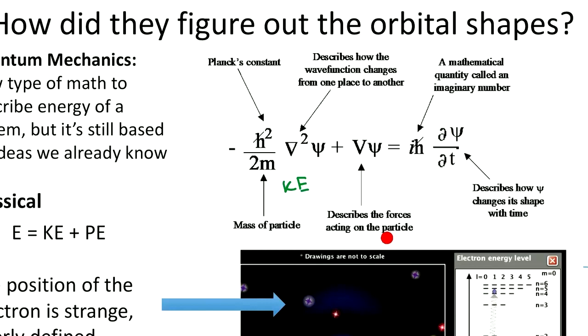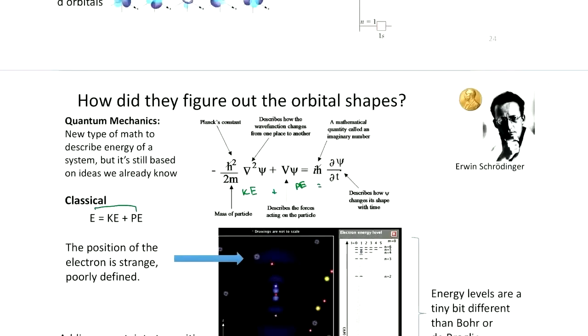What does that sound like? Forces. Potential energy, yeah. So really the Schrödinger equation is just another way to talk about the classical internal energy is kinetic plus potential at the same time, where we have kinetic energy plus potential energy equals the solution to the total energy of our electron. Right? So it's not that different. It's just a new type of math to do that.